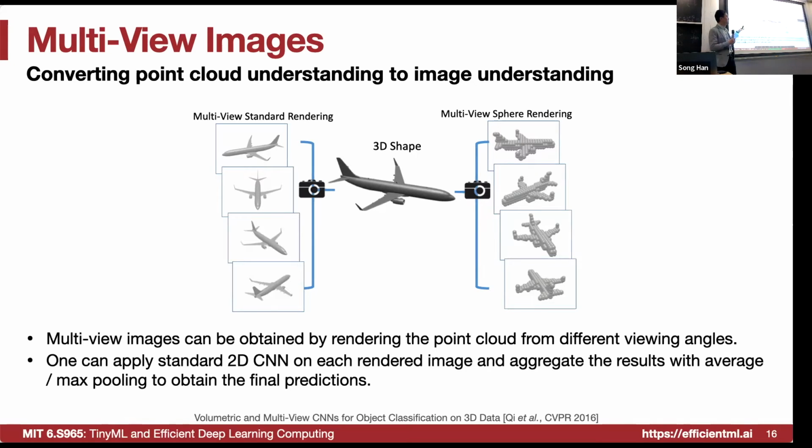We can apply 2D convolution on each perspective image, and aggregate the results by either average pooling or max pooling to obtain the final result. So we use what we have learned, which is 2D convolution, to understand the 3D objects.